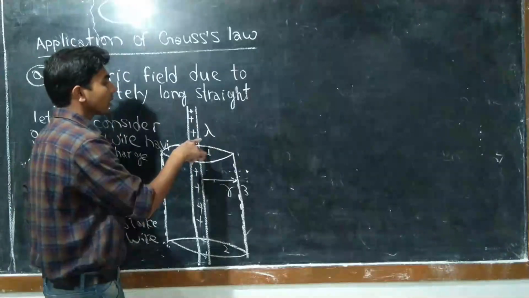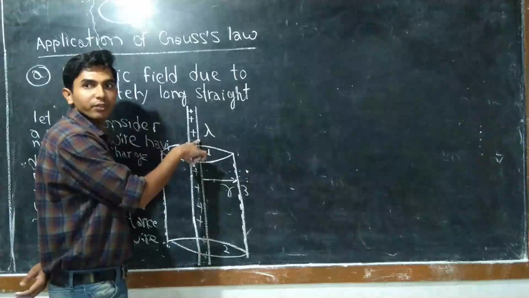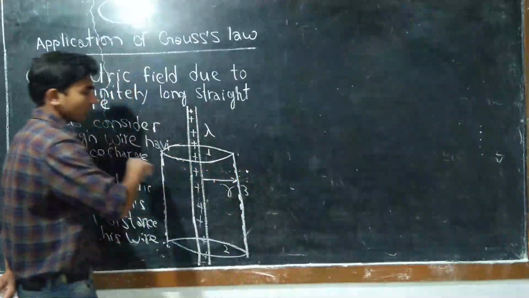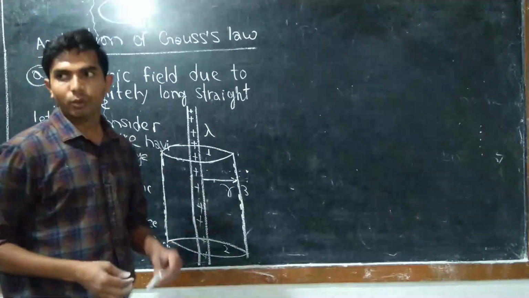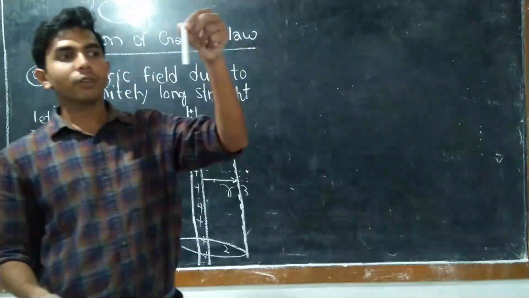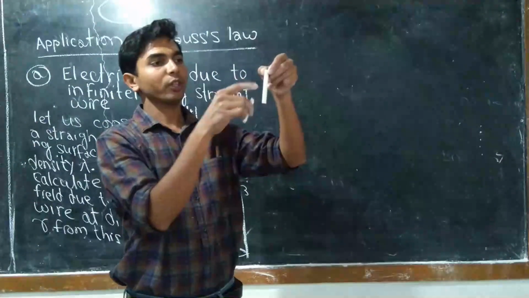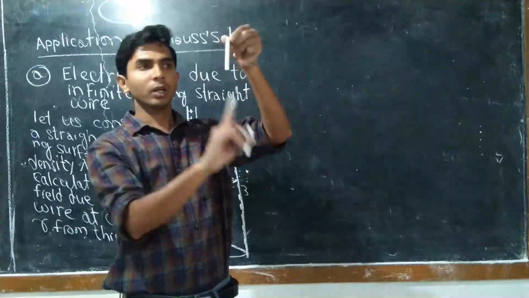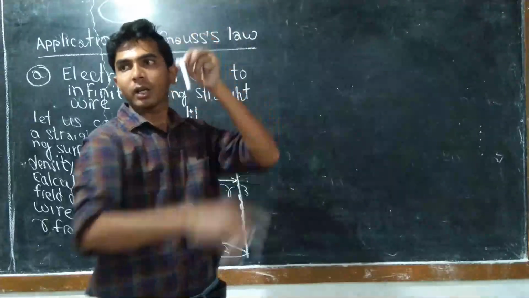Now electric field lines are coming out from this wire and going in every direction. So suppose this is your wire. Electric field lines go from this point in this direction, from this point in this direction, always going like that.